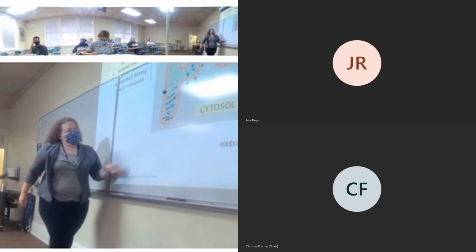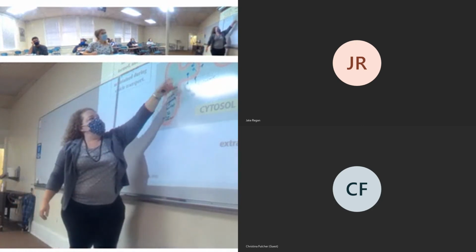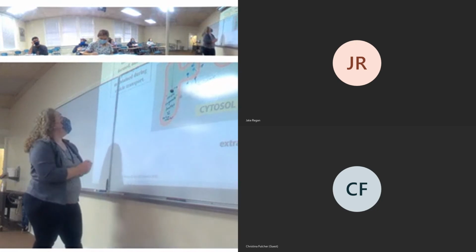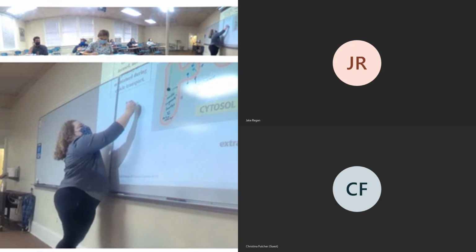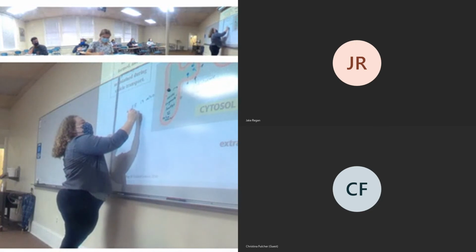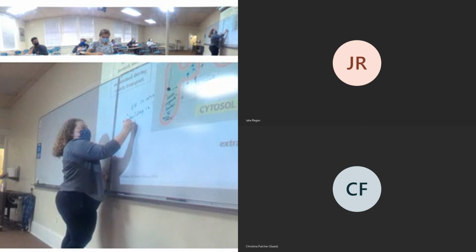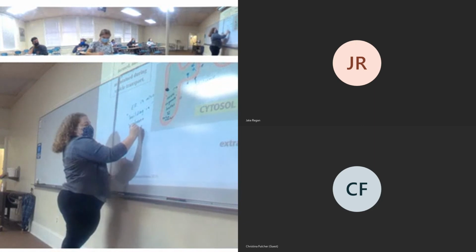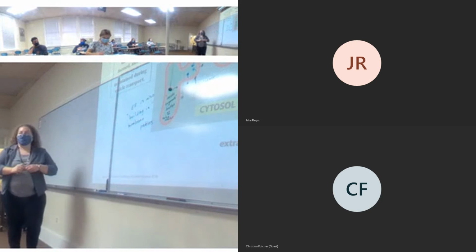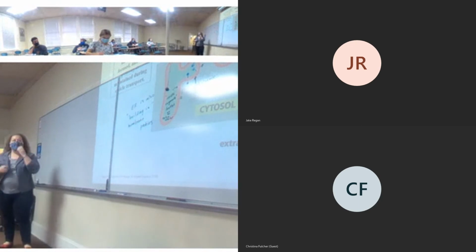So if the ER is building membranes this way, the ER is also building in membrane proteins at the same time. We talk about that in a separate unit.